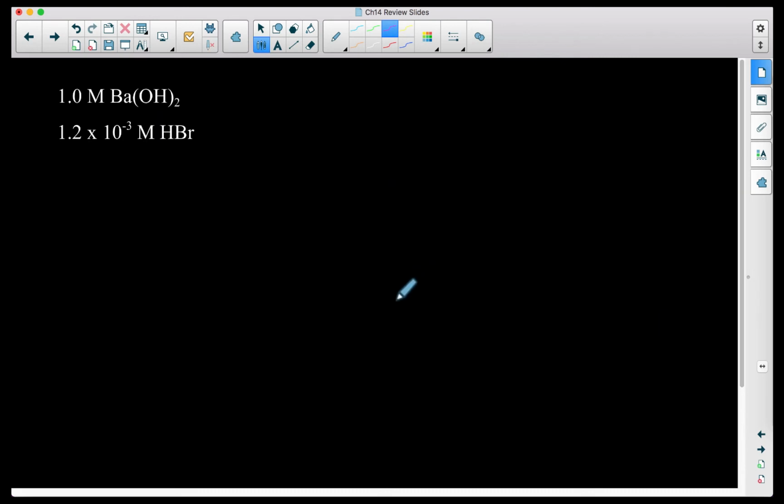All right, next up, let's do some calculating pH. So if I want to calculate the pH of this solution, I need to figure out the H plus concentration in a solution of barium hydroxide. So first of all, this is super important to note: if I have 1 molar barium hydroxide, I actually have 2 molar hydroxide, yes?